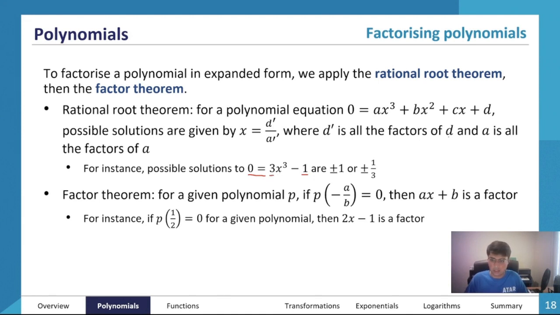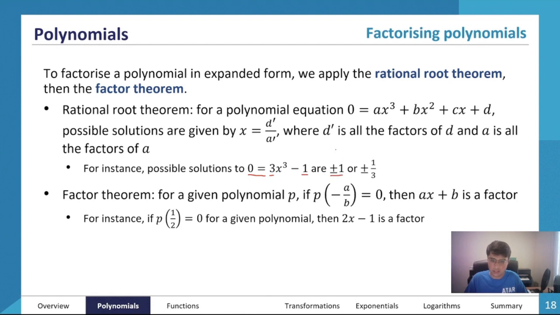Our a prime value here is 3. It could be 1 or 3, because the factors of 3 are 1 and 3. So we can do 3 times 1, or we can do negative 3 times negative 1. Those are all factors. So putting all our possible values of d prime over all our possible values of a prime, we're either going to get plus or minus 1.